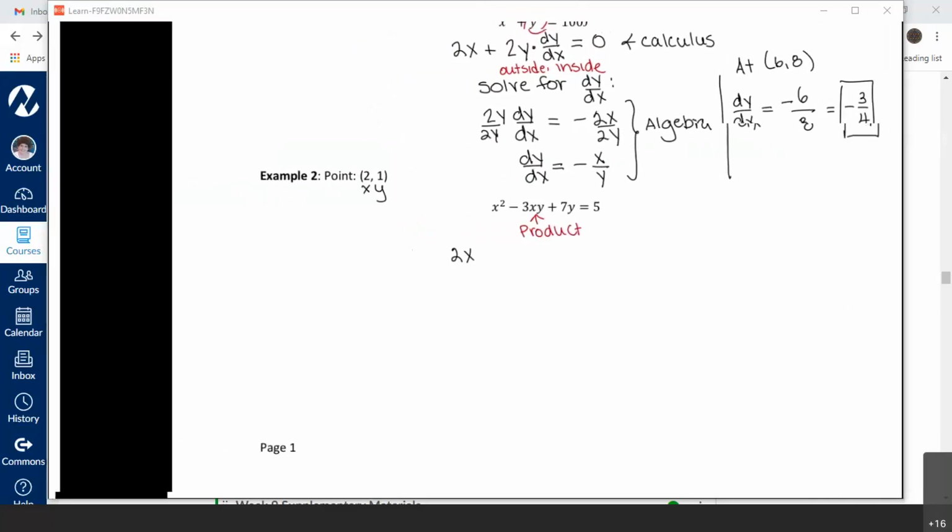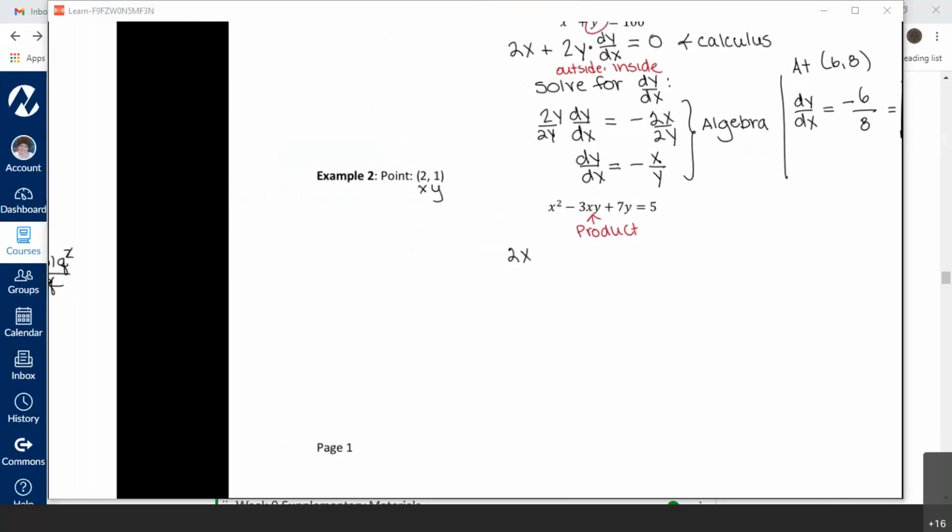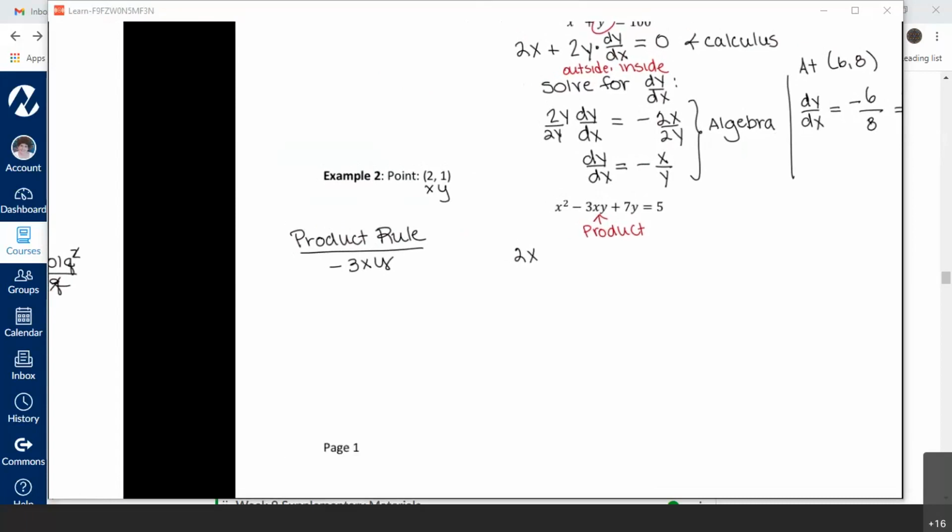All righty. So again, differentiating this implicitly, the first term gives me a 2x like before. And then I have to handle this product rule business. I'm going to go over here and do the product rule on the side. This is the thing I want to differentiate, minus 3xy. I'm going to say my first factor, which I'll call u, is negative 3x.